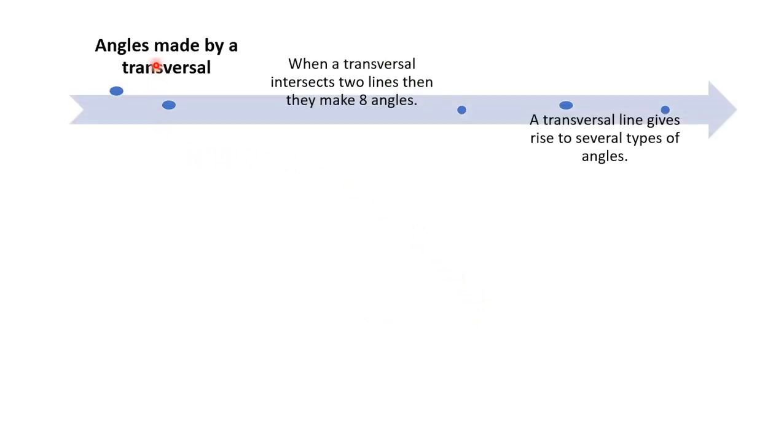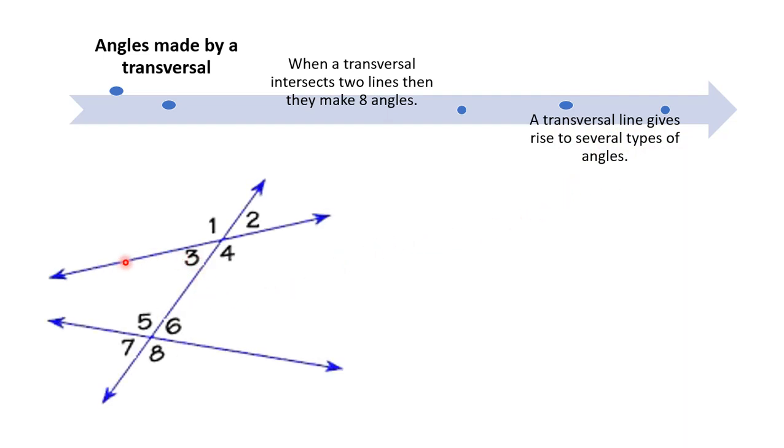So let's talk about the angles made by a transversal line. When a transversal intersects two lines, then they make 8 angles. We can say a transversal line gives rise to several types of angles.